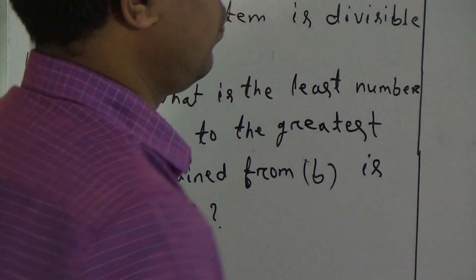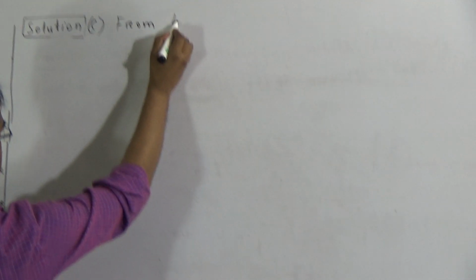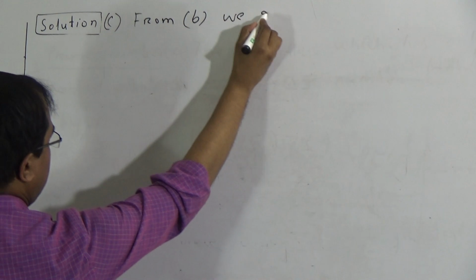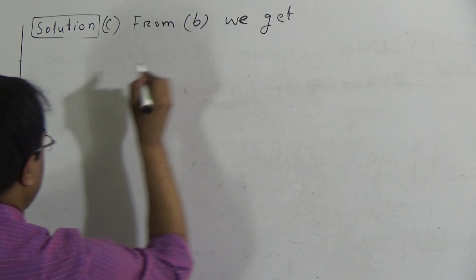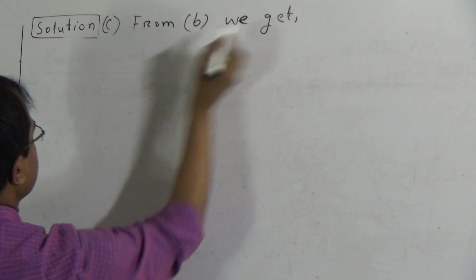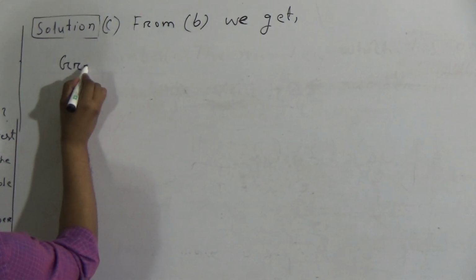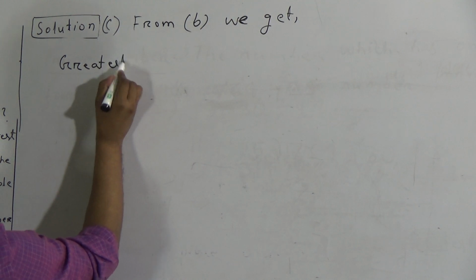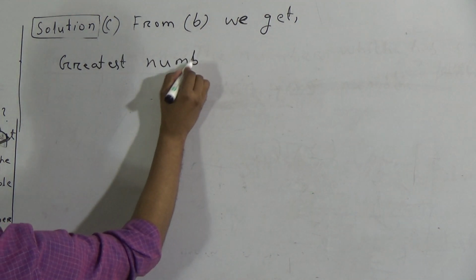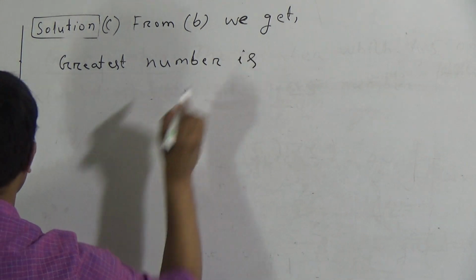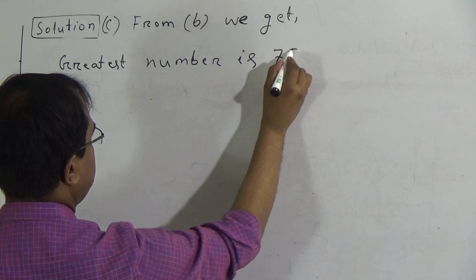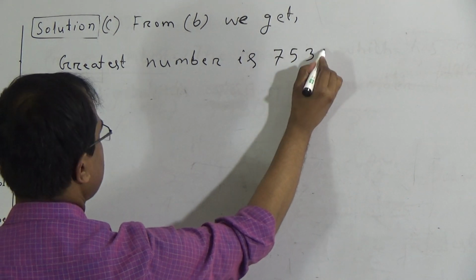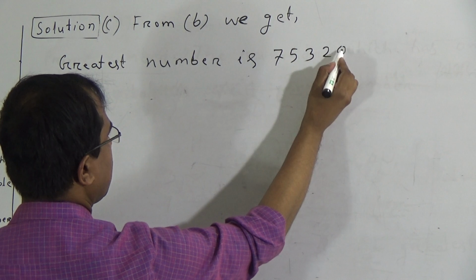So from B we get the greatest number is 75320.